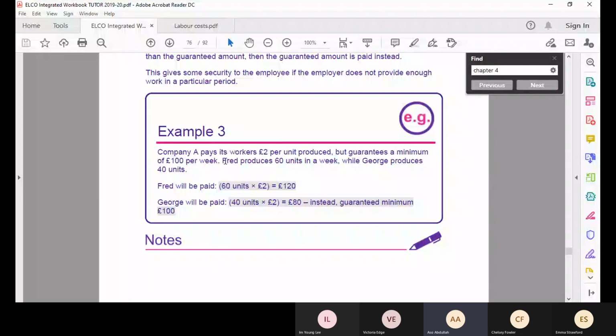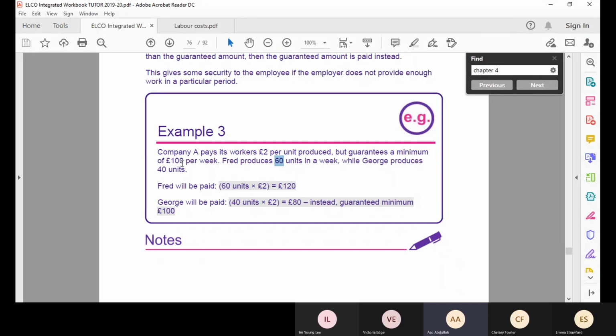So if this particular employee, Freight, produces 60 units in a week, while George produced 40 units in a week, you have 2 employees, each of them producing a different number of units in a week. Every employee is guaranteed a minimum of £100.